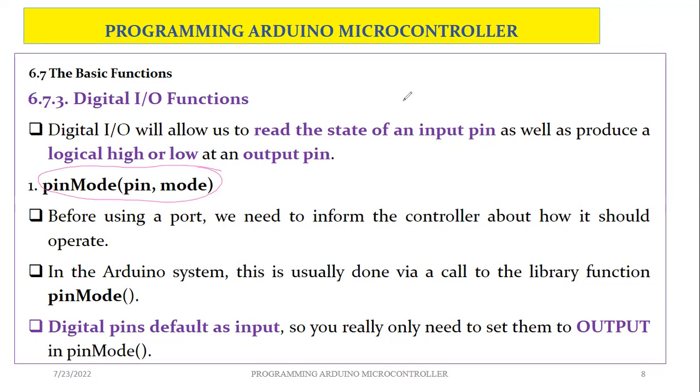Basically, before we use an Arduino microcontroller pin, we have to inform the controller how we want to use the pin, because the microcontroller needs to know whether the pin or the port should be used as an input pin or output pin for those which are supported by directional communication or data transfer. And therefore, the pin mode library function is called into action to inform the microcontroller on how it is supposed to use a particular pin.